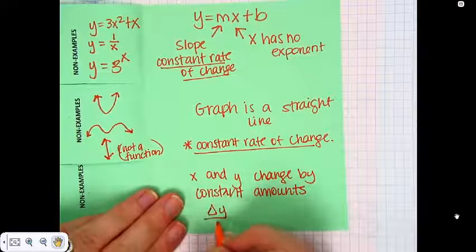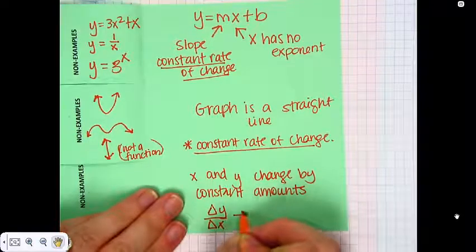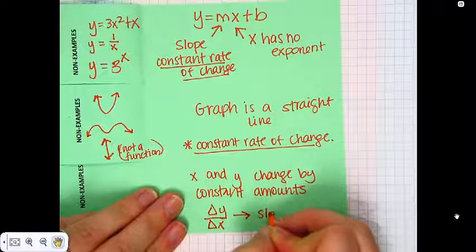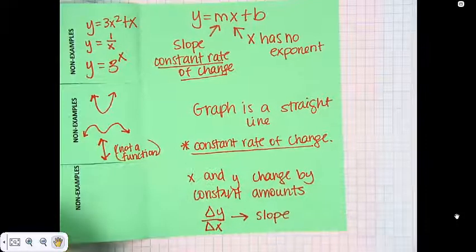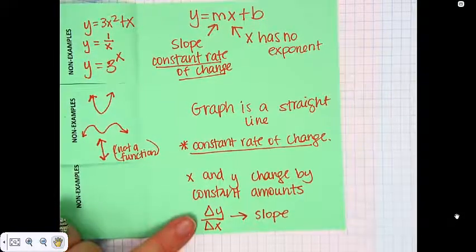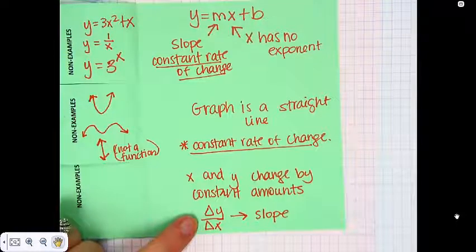Which is our delta y over delta x. It has to be a constant slope. Now, here's a helpful hint. Make sure you always simplify your fraction because the fractions might be the same unsimplified, but once you simplify them, you'll see the same slope.